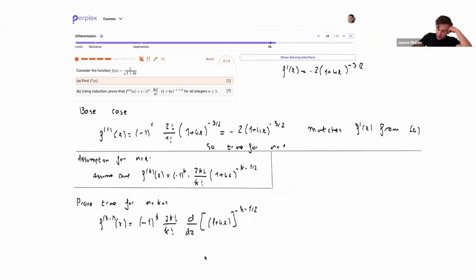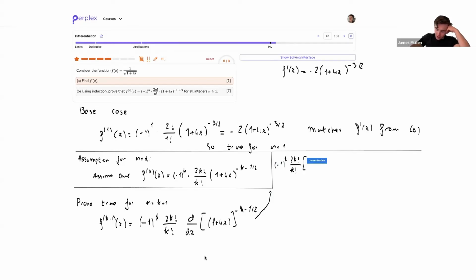Let's go up here, and I'm going to get still negative 1 to the k, 2k factorial over k factorial. And then I'm going to have d by dx of that. So I'm going to bring down the power. What am I going to have?